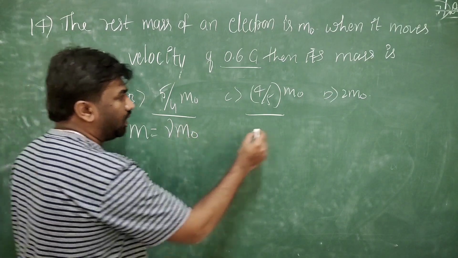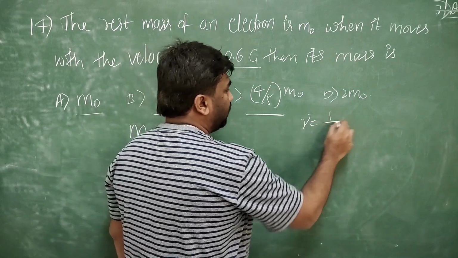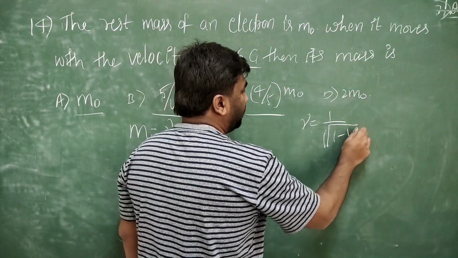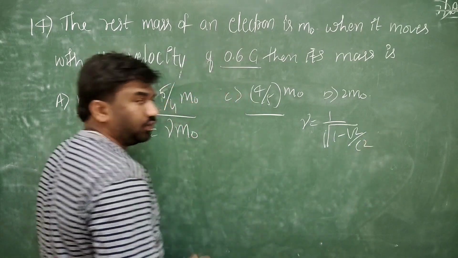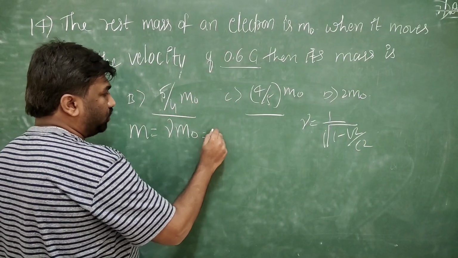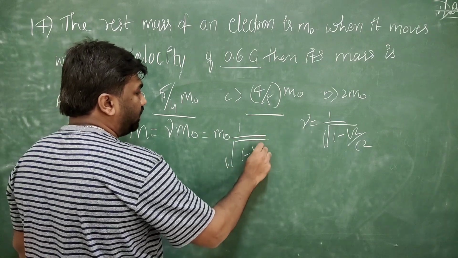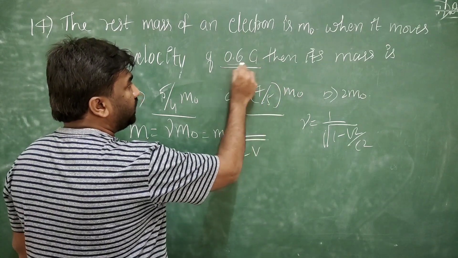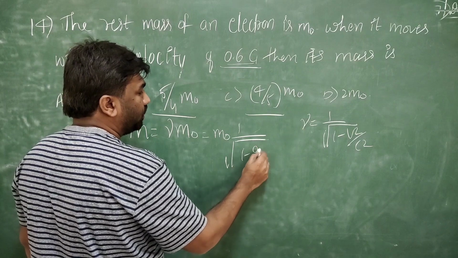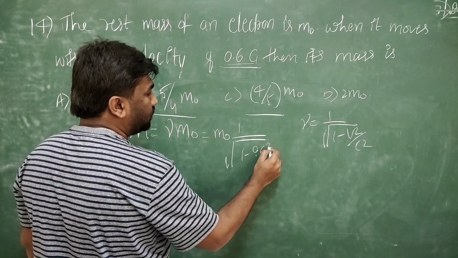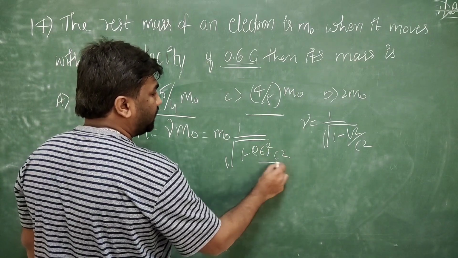What is this gamma? Gamma is 1 divided by square root of 1 minus v square by c square. So m is m naught into 1 divided by square root of 1 minus 0.6 whole square c square by c square.